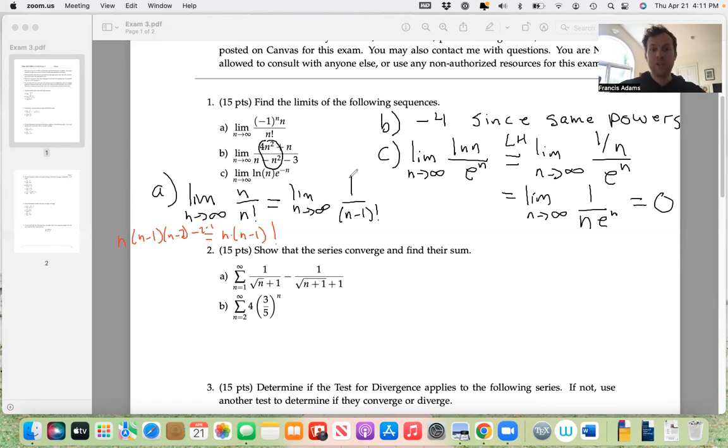As you keep increasing n, you are multiplying more and more things together, so that's going to infinity. And then since the top is fixed, the bottom is increasing, that limit is 0. And since that limit is 0, that means if we put the alternating piece back on, that limit is also 0.